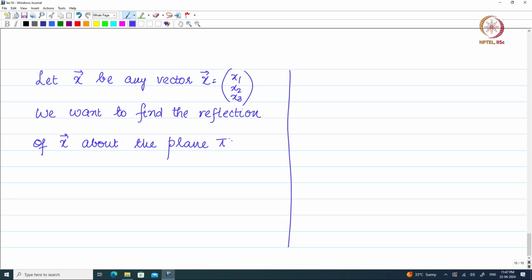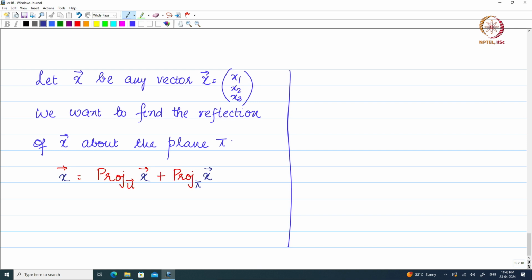Okay. So, we can very clearly see that the vector v can be written in terms of its components as the projection of this v vector along the direction of u plus the projection of this x vector along the direction of the plane pi.